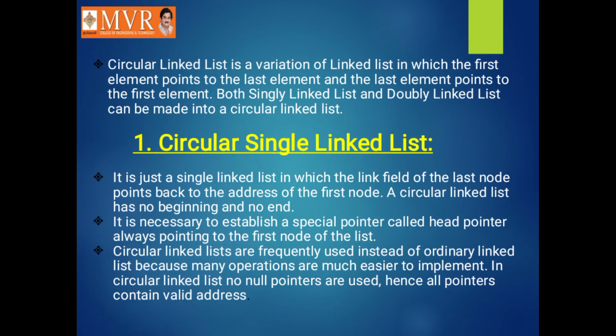As I have mentioned, a circular single linked list is a list in which each node contains two parts: one is the data part and the other is the link part. The link part will point to the next node in the linked list. Here every node will point to the next node and there is no first node or last node concept. It will be in a chain manner and we can traverse in any direction, that is, in the direction we move in a single linked list.